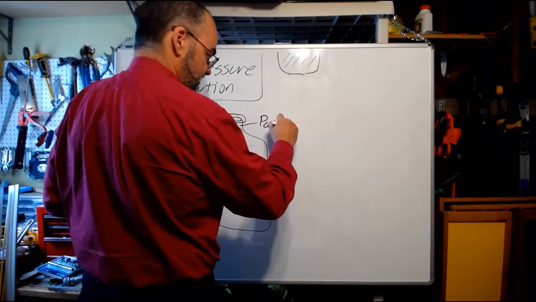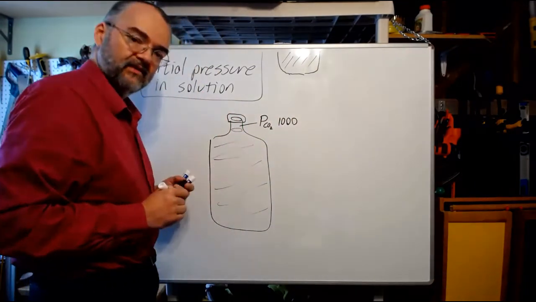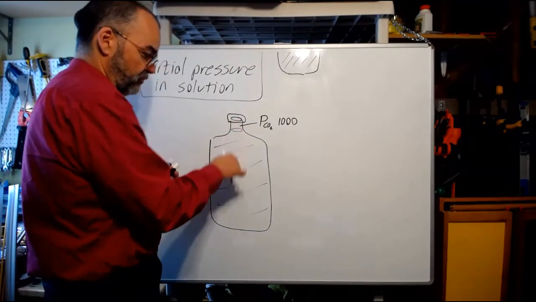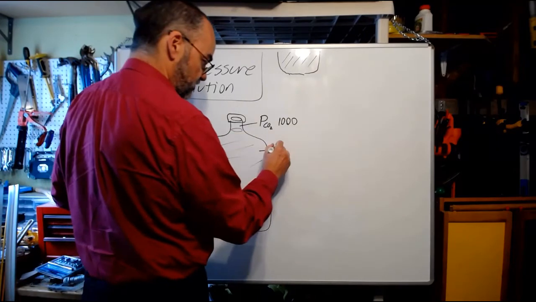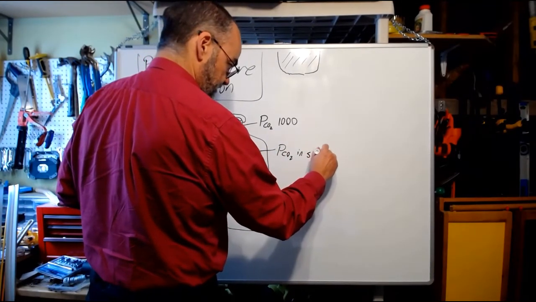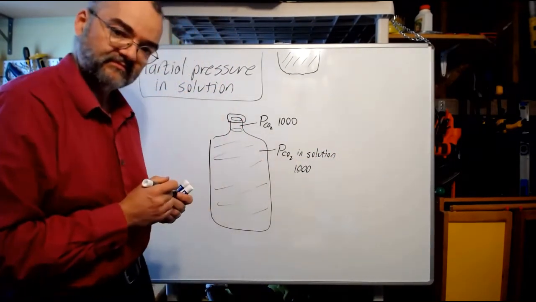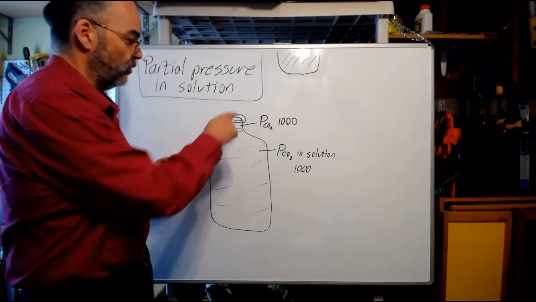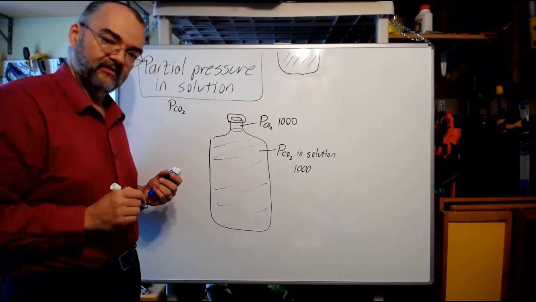Let's say it's 1,000. Now, if that is at equilibrium with this liquid, the PCO2 in solution should also be 1,000. What's the PCO2 of the air out here from what you saw before?